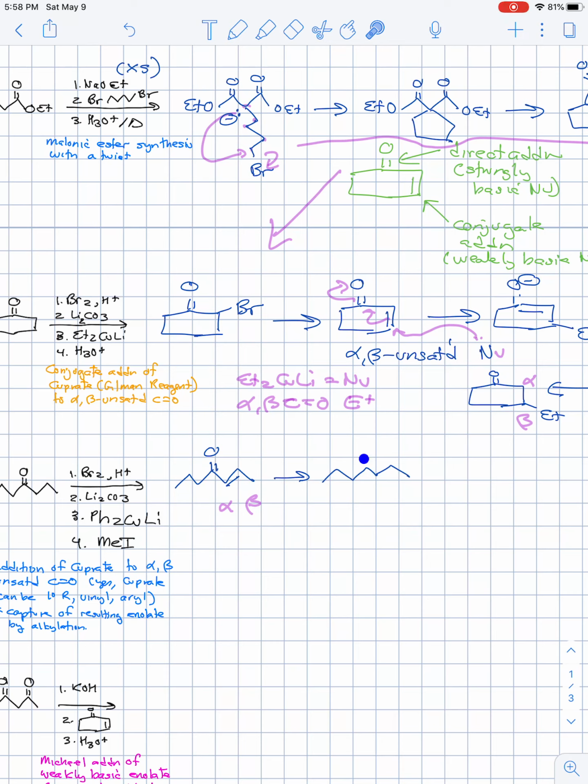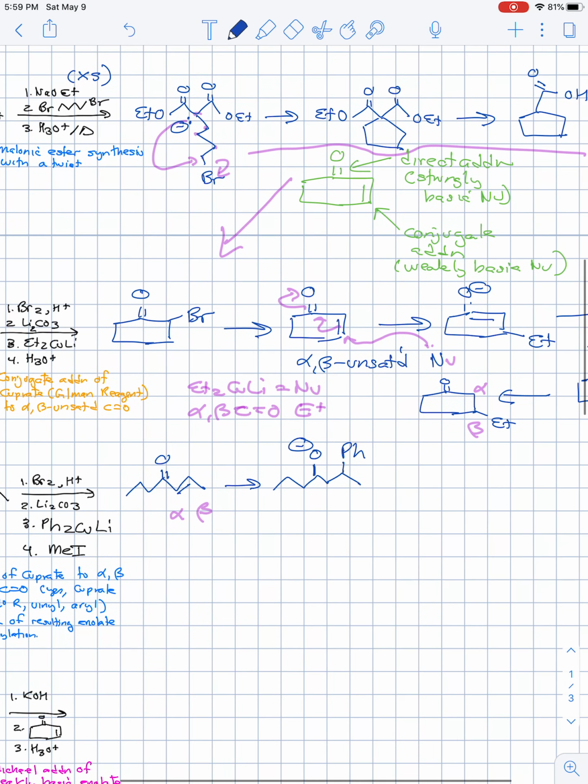So now we're going to add our phenyl group, if we get the right implement. And we're going to add the phenyl group here. Not great atom economy with this cuprate. Let me get this a little more accurate. And so we're initially going to get this compound because we didn't add acid yet.